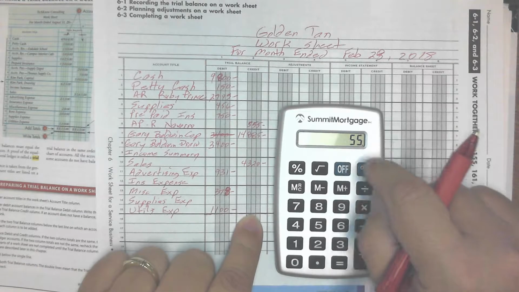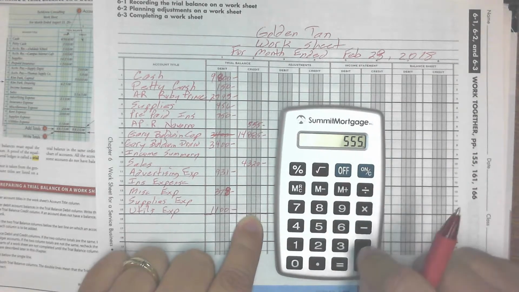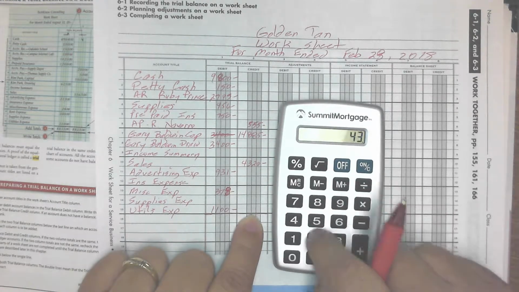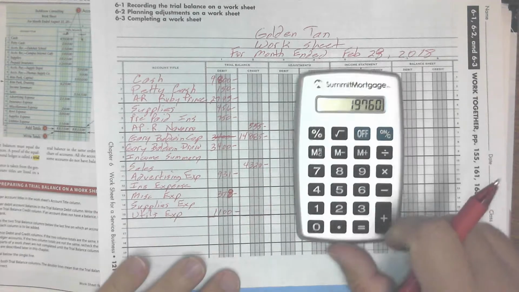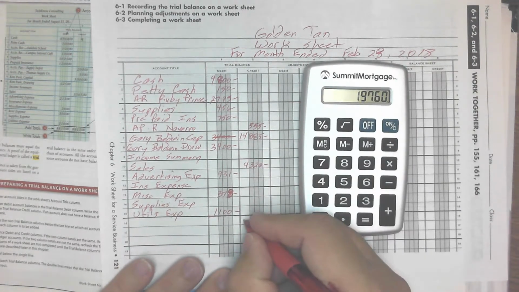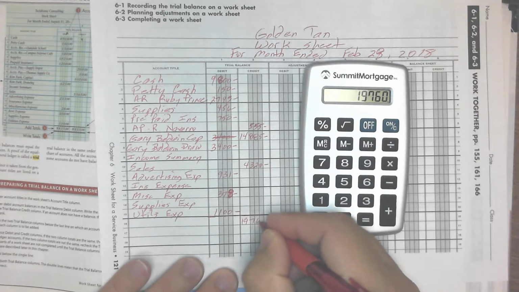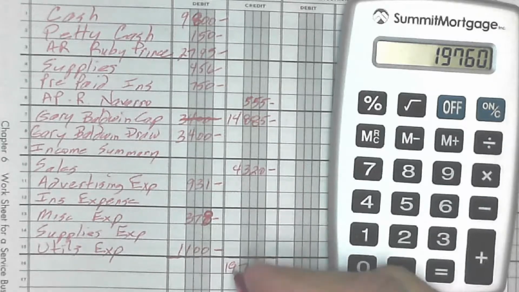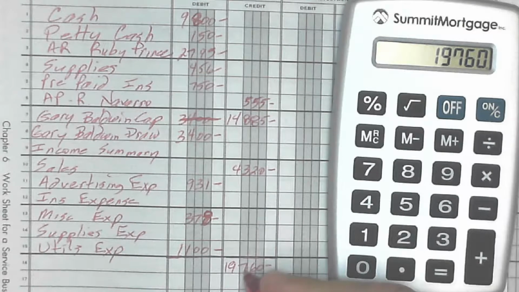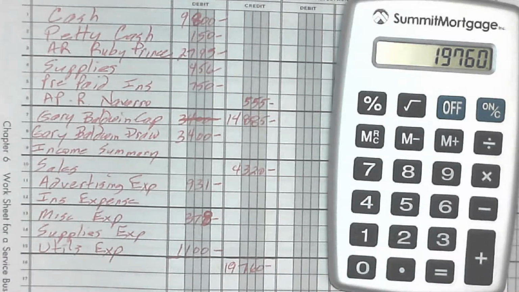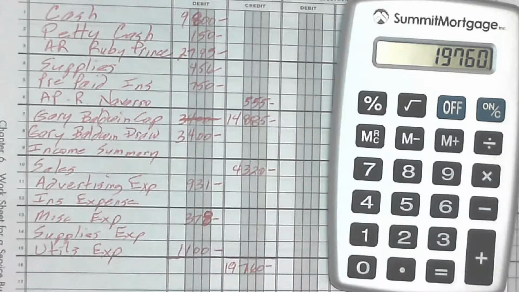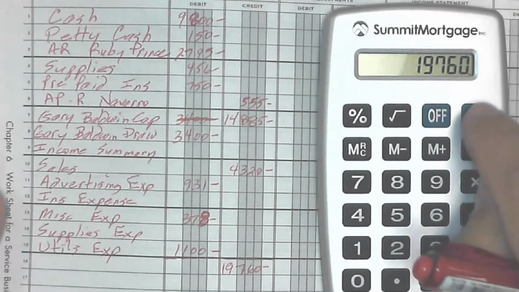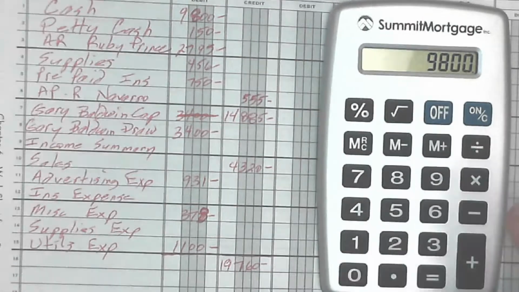It's 19,760. So just like Denali said, it's 19,760 on the credit. So hopefully the debit adds up to the same. It should. Numbers came right out of the book.